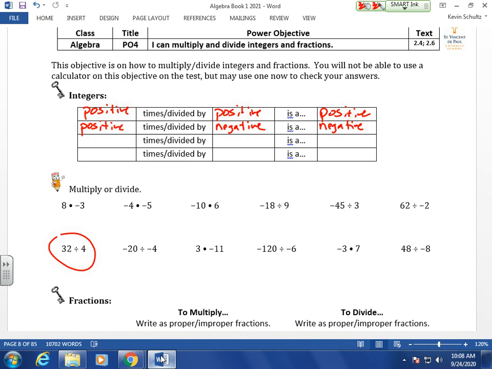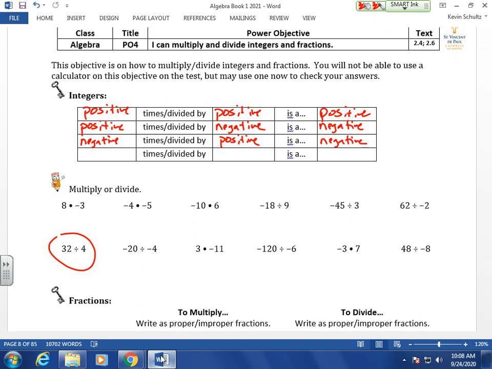And because of the commutative property, which says that you can multiply things in any order, that also means that if the negative number comes first and it is multiplied by a positive, that doesn't change the end result. It's still going to end up being a negative product or quotient.